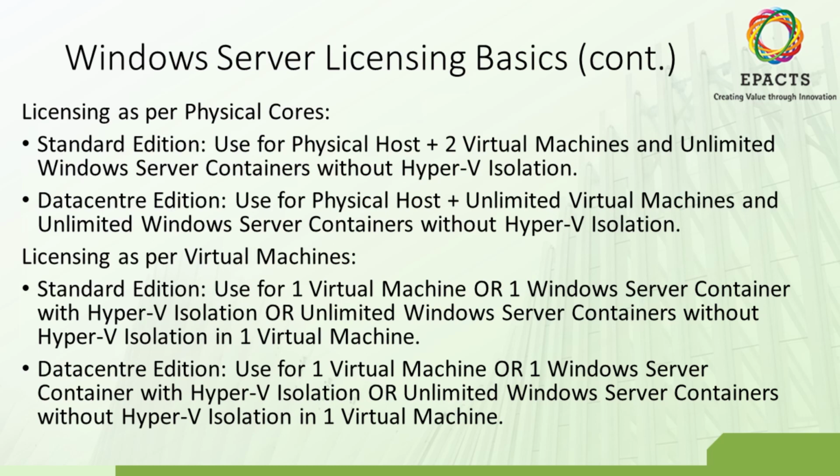When we do that, we have to follow the same rules of the core counts. That means the minimum core count we have to take is for an 8-core license and for a minimum of a 16-core socket box. The same applies to Datacenter edition as well.